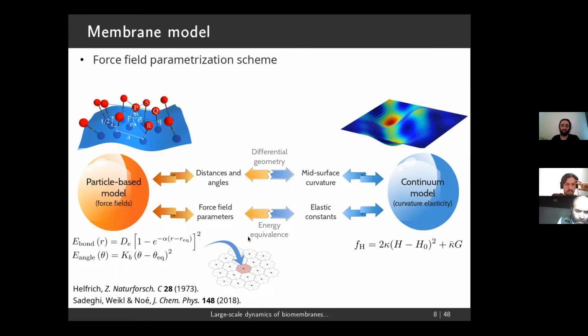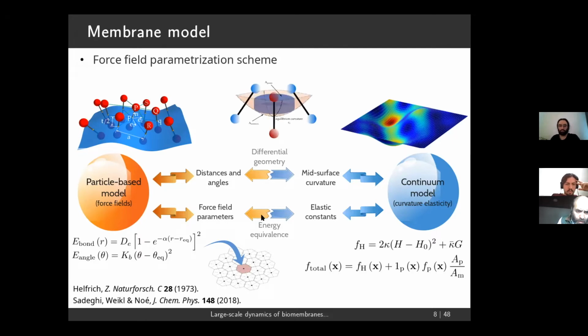So there would be an energy equivalence between a continuum energy density and this particle-based force field. On top of that, I also consider the possibility that at some point a particle is occupied by a protein, an agent that induces a certain curvature in the membrane and would also potentially change the local elasticity.